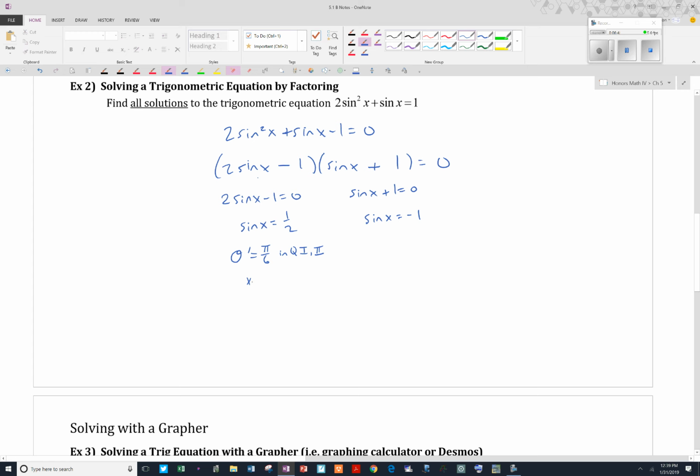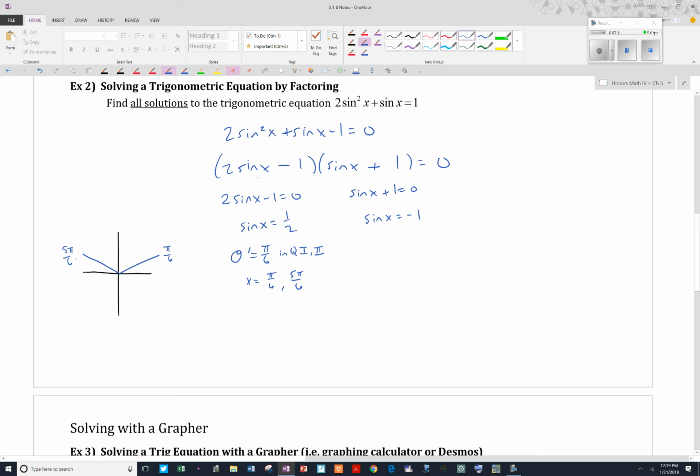So our answers here for x, using pi over 6 as a reference angle in 1 or 2, would definitely be pi over 6, and 5 pi over 6. Okay, so those are our solutions so far. I'm going to start doing a sketch over here of what my solutions are. So we have right now pi over 6 and 5 pi over 6 as our solutions to that first factor.